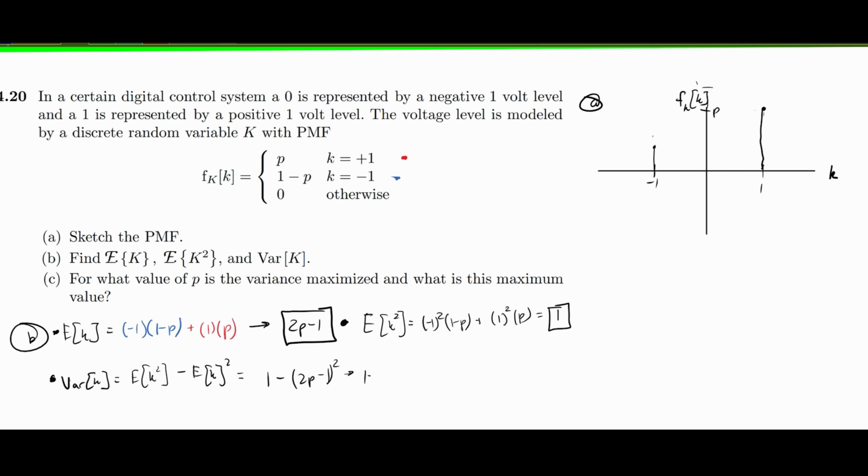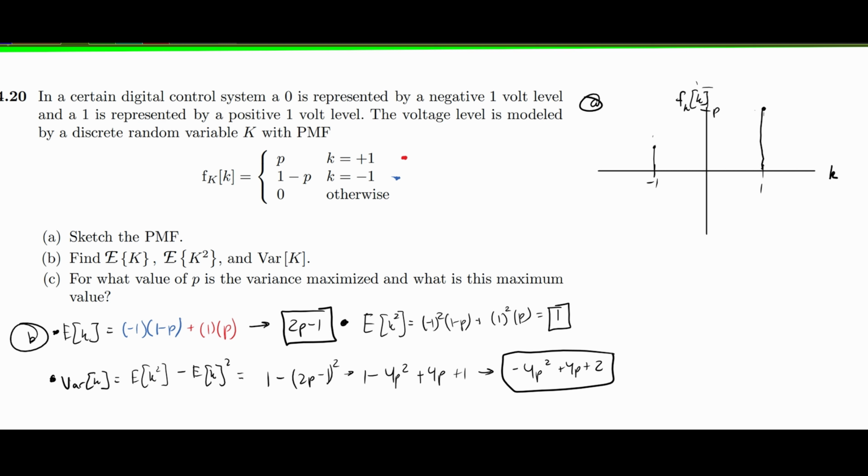So we essentially have 1 minus 2P minus 1 times 2P minus 1, which would be 4P squared, we have a -4P, and then we would just have -1 times -1, so plus 1. So this will leave us with a total answer, -4P squared plus 4P plus 2. So that should be your answer.